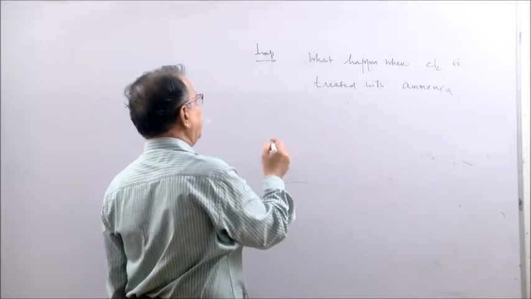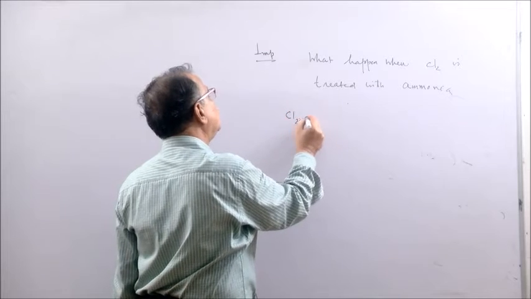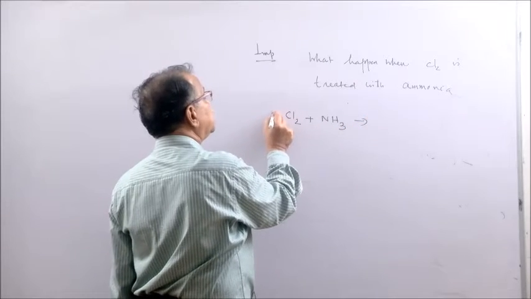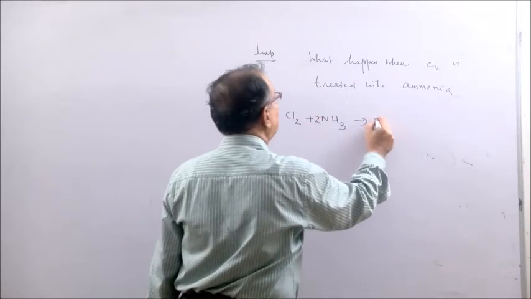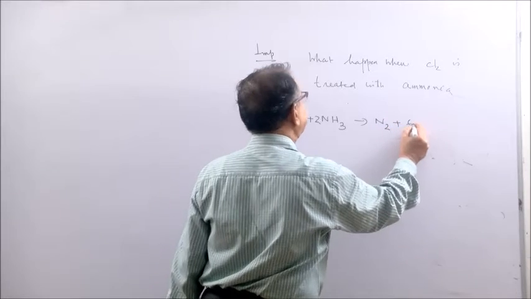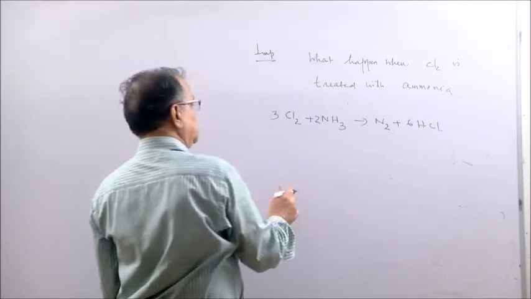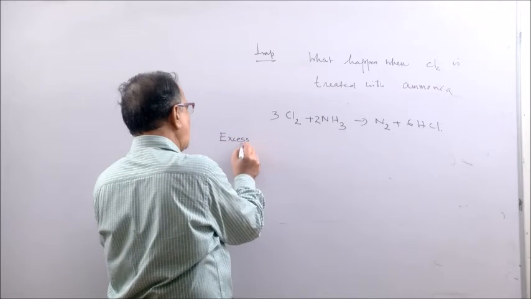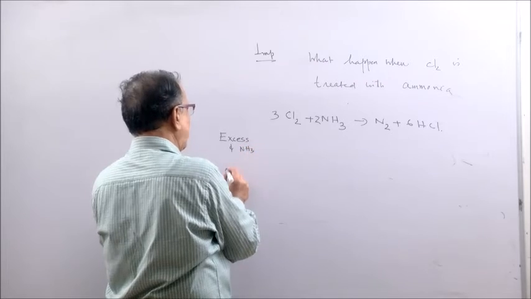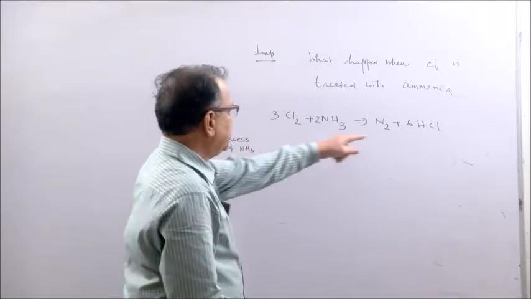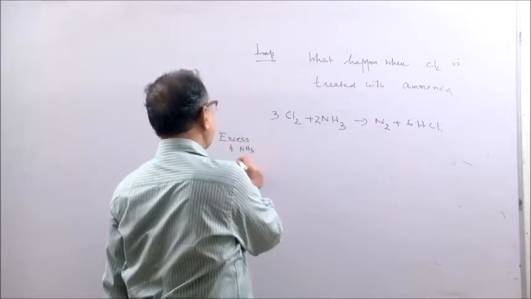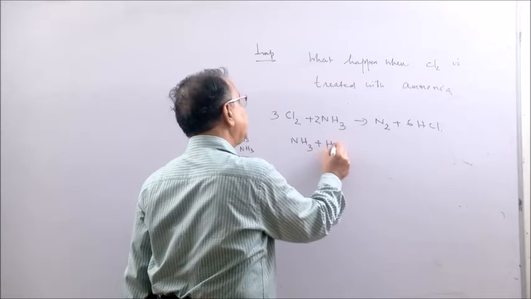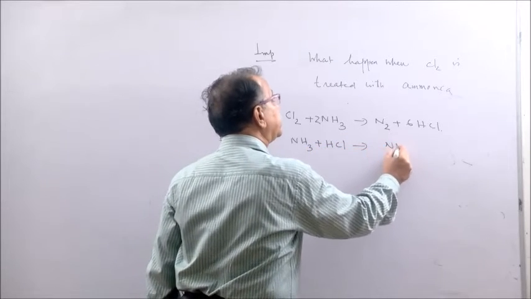When chlorine is treated with ammonia, first you write Cl2 plus ammonia. 3Cl2 plus 2NH3 gives N2 plus 6HCl, the first step. In excess of ammonia, the ammonia reacts with HCl: ammonia plus HCl gives ammonium chloride.